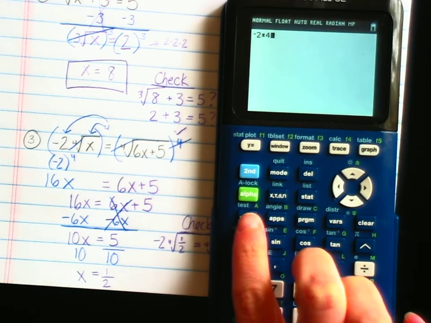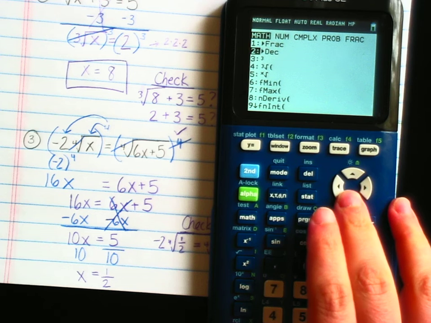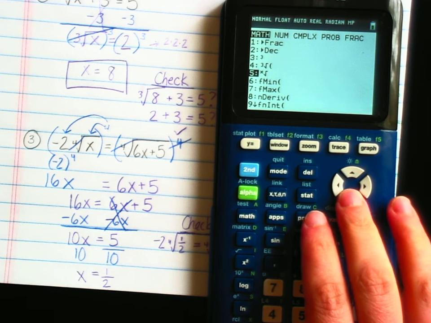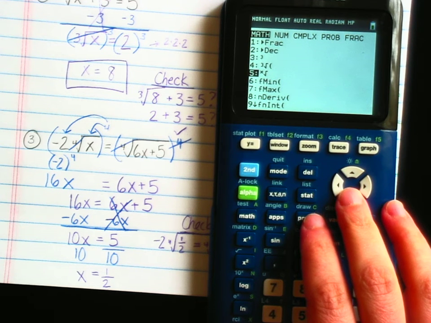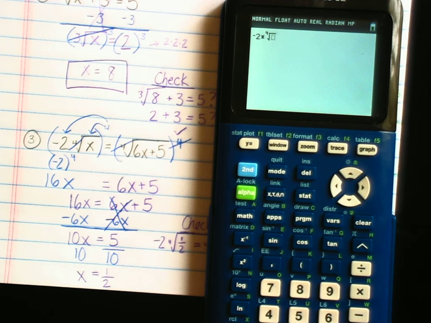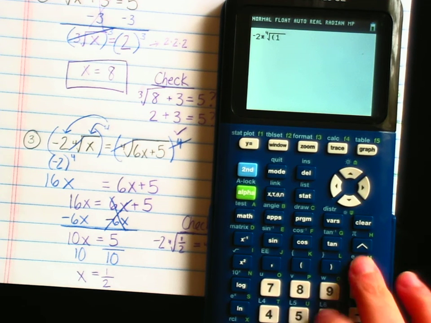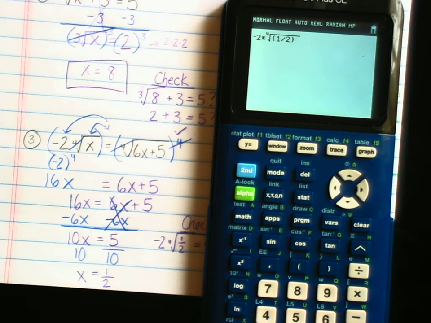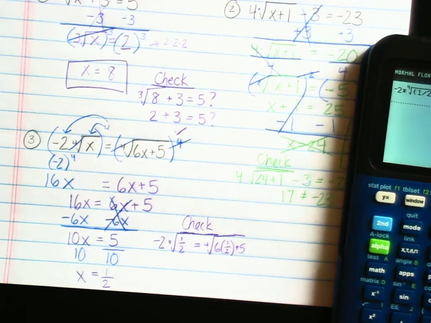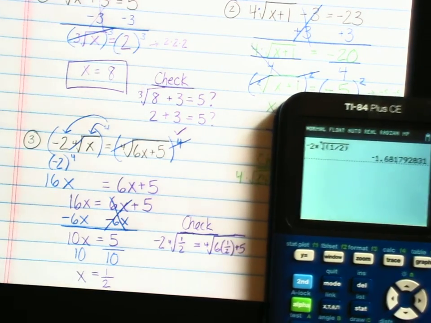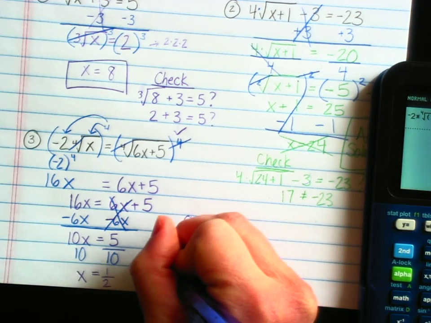I'm going to go back to math, and this time instead of the 3rd root option, I want the one right below it where it's an x. That means you're assigning what the root is. Alright, so see how now it says the 4th root. And then I'm going to do 1/2. And I like to put fractions in parentheses just in case. Right. So I get a big decimal, totally fine, as long as the other side has that same decimal. So this is negative 1.68 approximately.